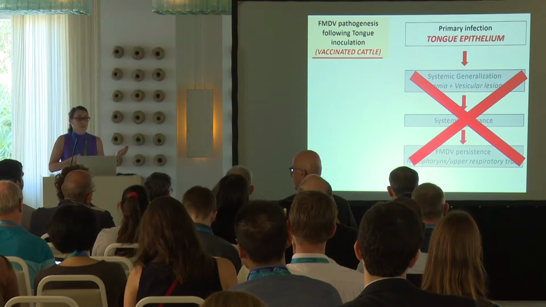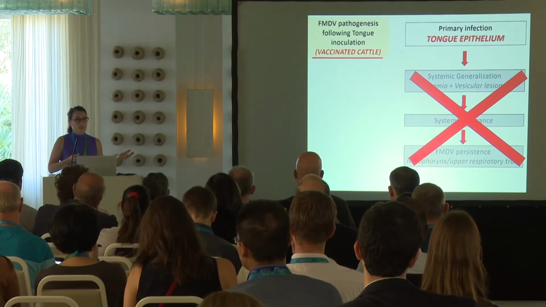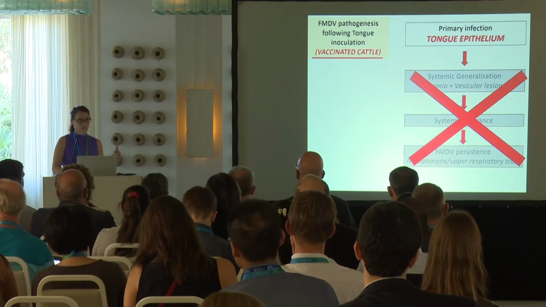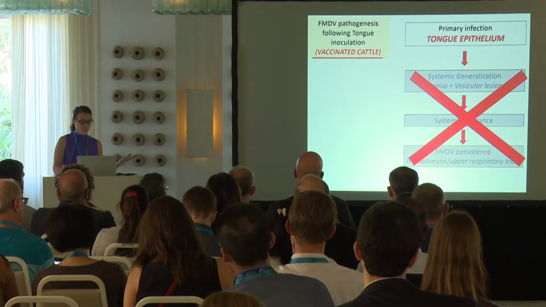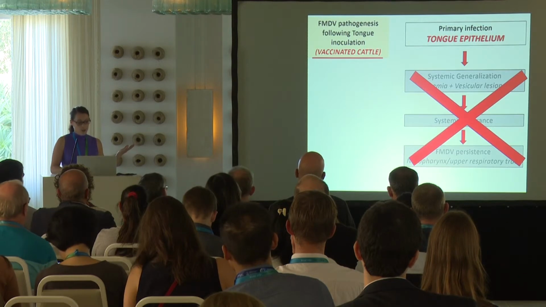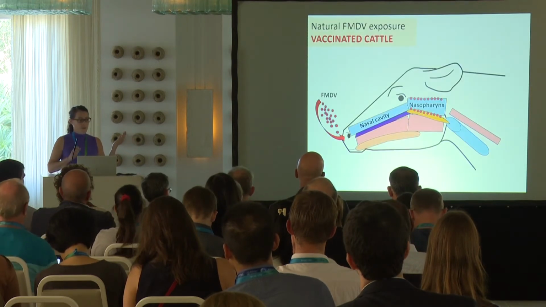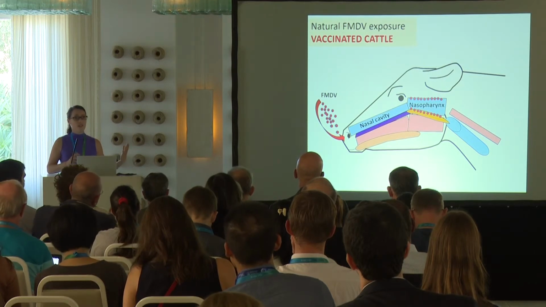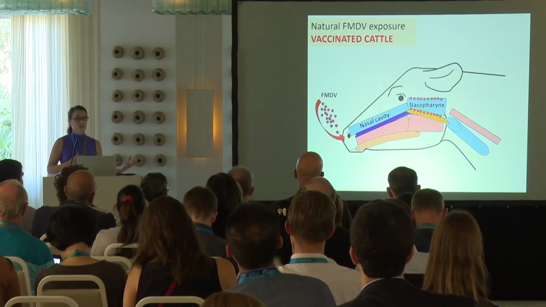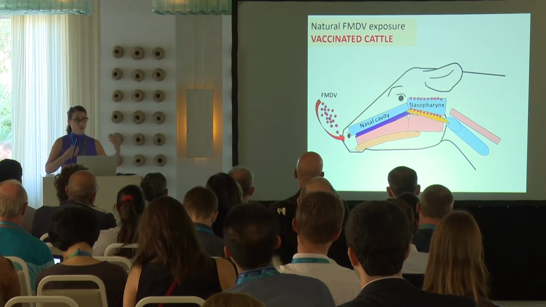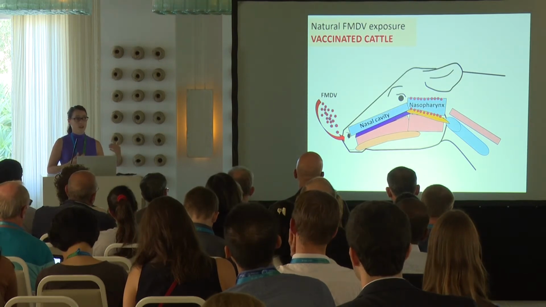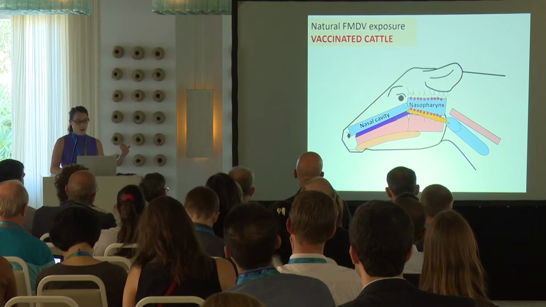Of course, this is what you want your vaccine to be doing, but it might still not be a perfect replication of what would happen in a natural scenario, because if you were to repeat this, but with a natural route of virus challenge, you would instead still have your primary infection set up within the nasopharynx.